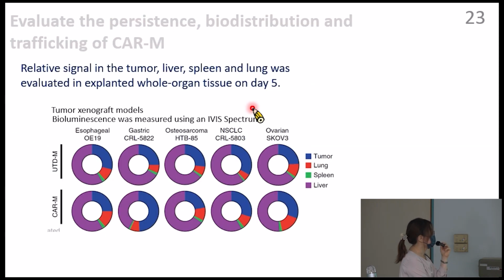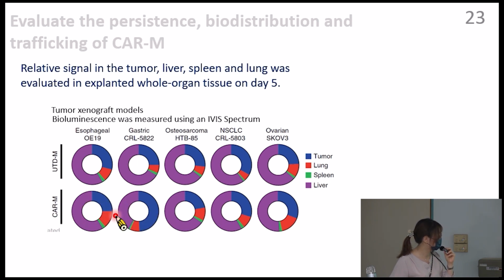Okay, so they xenograft 5 different kinds of tumor cell in the SCID mice, and administer the CAR macrophage. And you can see the color are very similar. If they transfer the CAR macrophage, this macrophage can go to tumor.